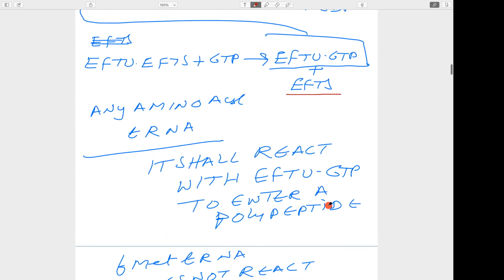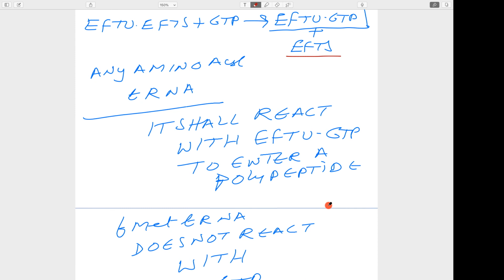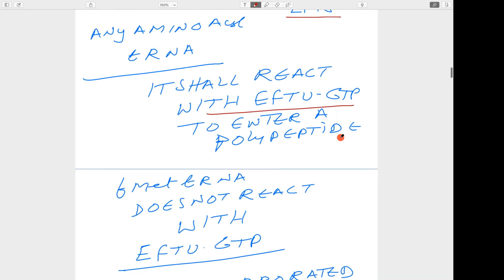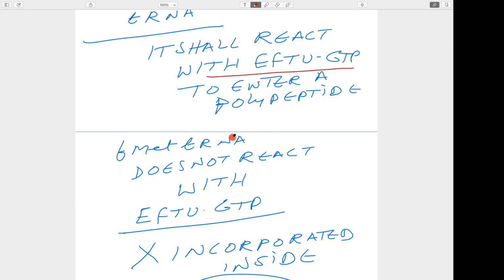Any amino acid transfer RNA which has to occupy the A site shall react with the EF-Tu GTP. Then only it can enter the polypeptide. Only one exception, formyl methionine transfer RNA does not react with EF-Tu GTP, so it cannot be found inside the polypeptide. It will only be the initiating amino acid.